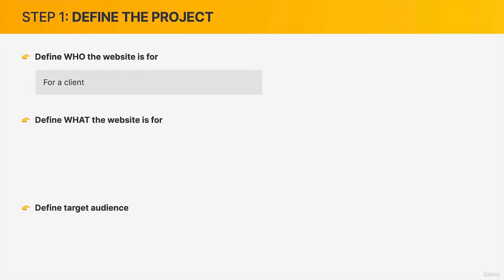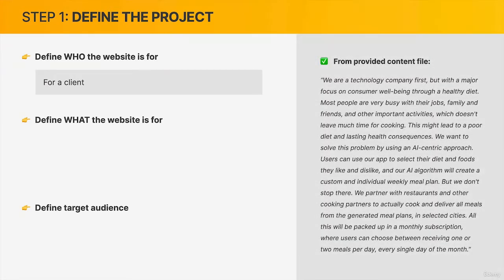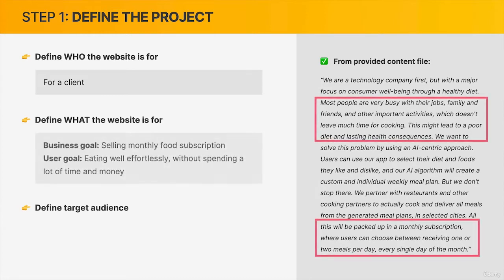Remember? And for doing that, we can take another look at the content that SNICZ has provided us and that we just read previously. So based on this company description, we can infer that the business goal is to sell a monthly food subscription, and that the goal of the users is to basically eat well effortlessly, but without spending a lot of time and money.